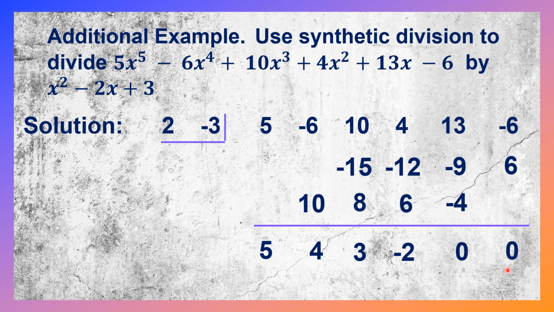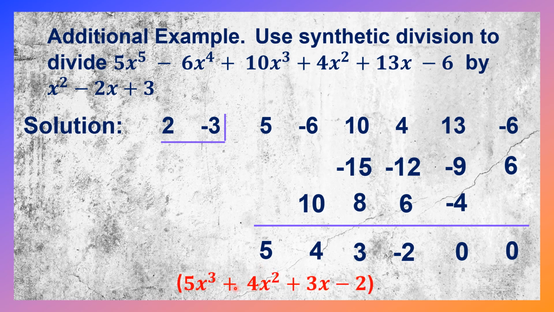So, notice that we have no remainder here, because it is 0. Then, writing now our answer, for the quotient we subtract the exponent of our first term, which is 5, by the exponent of the first term of the divisor, which is 2. 5 minus 2 is 3. So, the start of our quotient here is x cubed.